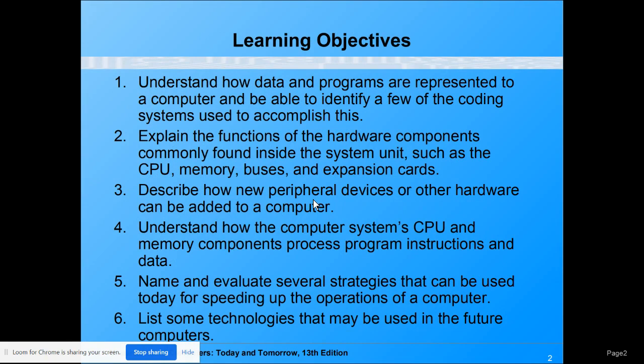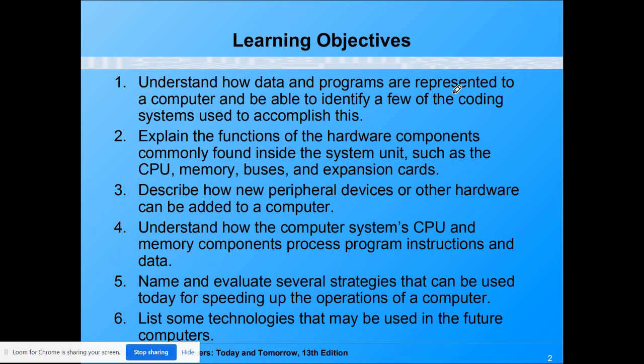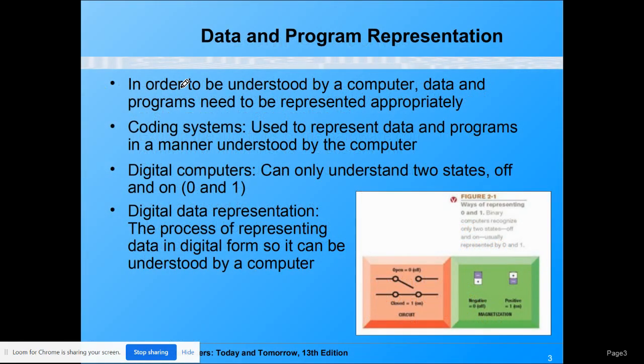For our objective for today, it is to understand how data and programs are represented to a computer and be able to identify a few of the coding systems used to accomplish this. So we have what we call data and program representation. It is how the data is being represented or understood by our computer.